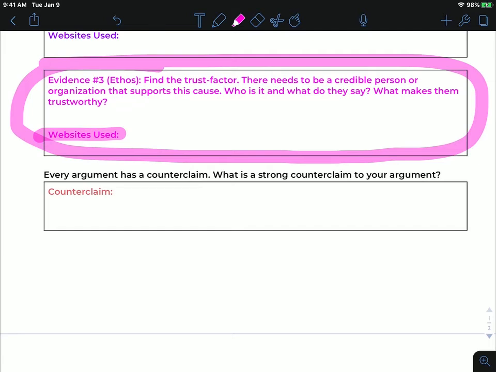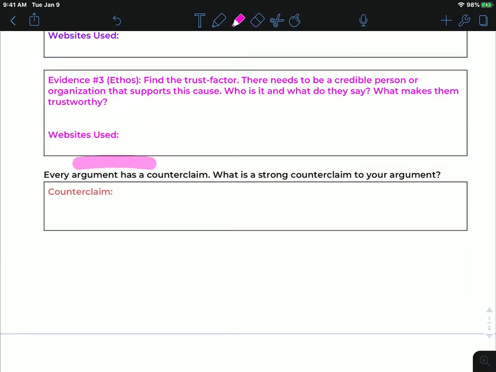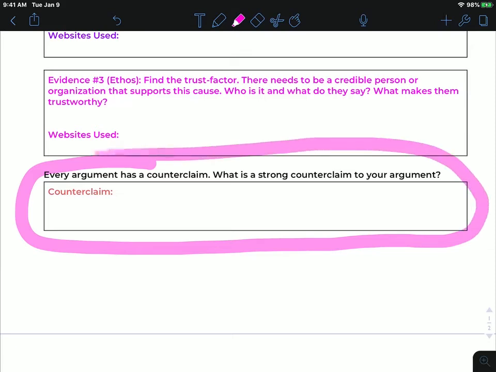Again, many issues have prominent figures who are advocating, who are speaking up for those issues. So if you're having trouble with any of these, let me know. And then the last piece that you want to get in there is the counterclaim. Who are you arguing against on this issue? If family separations is the issue, somebody obviously supports it, right? So who supports it, and what are they saying?